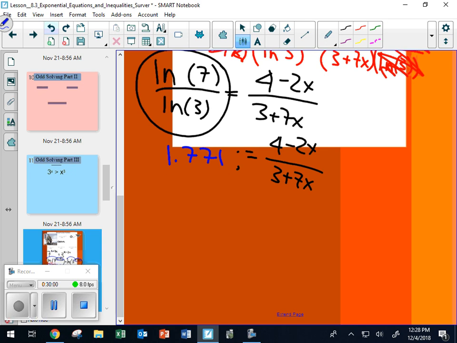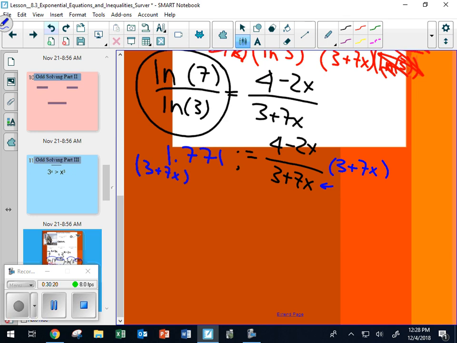But instead, since we have the natural log of 7 divided by the natural log of 3, this is our decimal now. And so from here, if we just want to solve for x, our problem is we have an x in our denominator. So let's multiply both sides by 3 plus 7x once again.